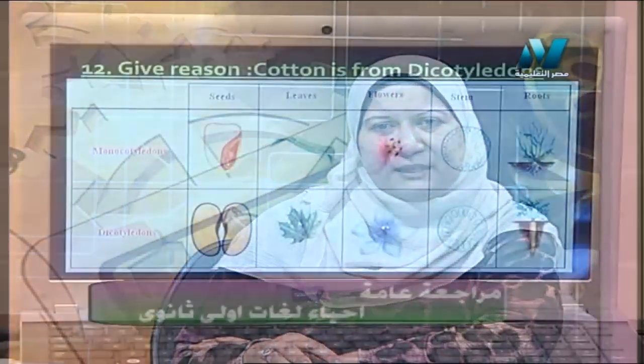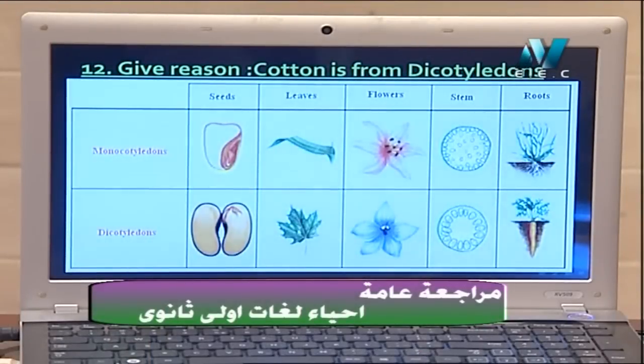Dicotyledon, its leaf has two shapes. This is a palmate shape and also another shape called pinnate. Palmate or pinnate. العروق هنا واخدة شكل مختلف تشبه كف اليد.